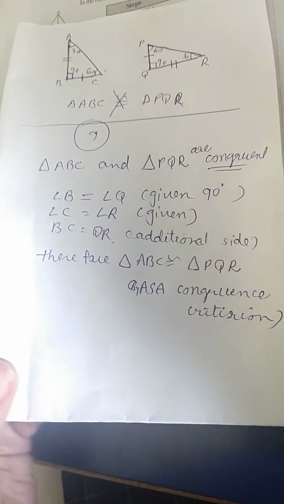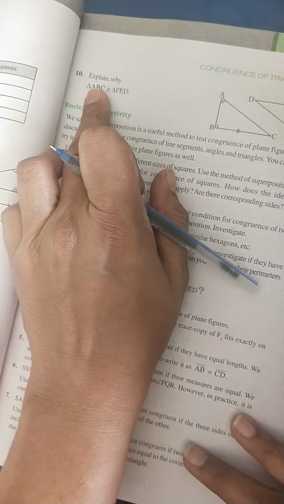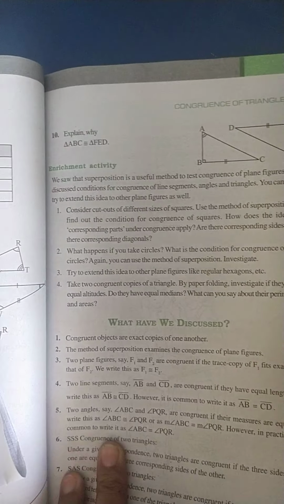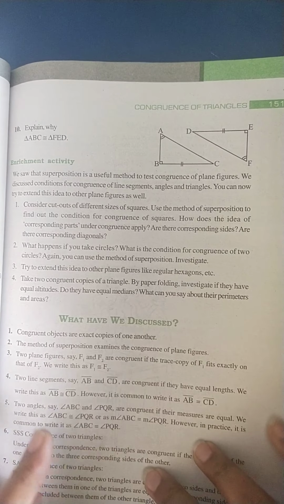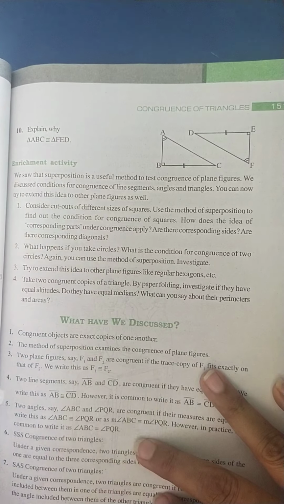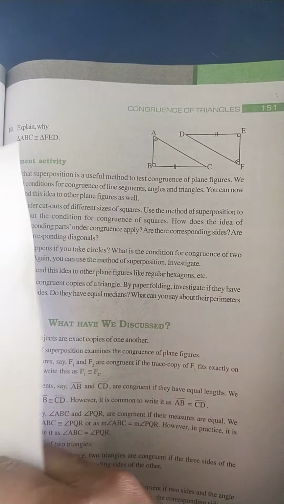Now move to question number 10. Explain why triangle ABC is congruent to triangle FED. It's already given, so we have to explain why these are congruent. Orally I am giving it to you, students, so you have to write. How to write?